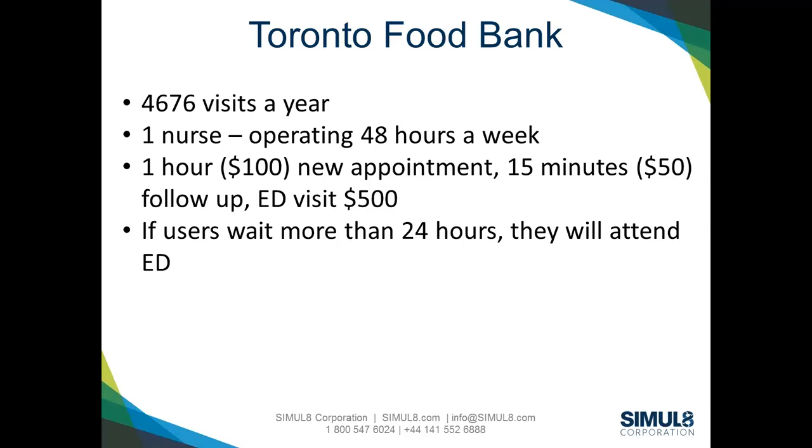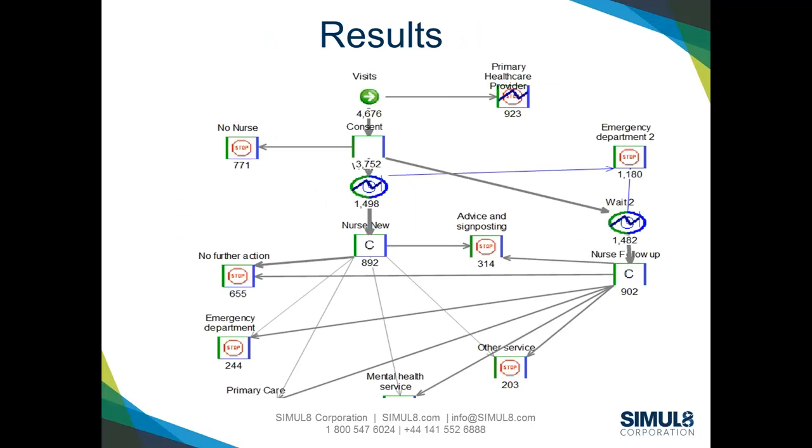So you can see there the number of nurses, how many visits a year, the cost that we put in, and how long we thought people's threshold of waiting would be before they would take themselves to the emergency department. We tested this through with the stakeholders, ran it through, and looked at some of the results, and you can see those on the screen there.